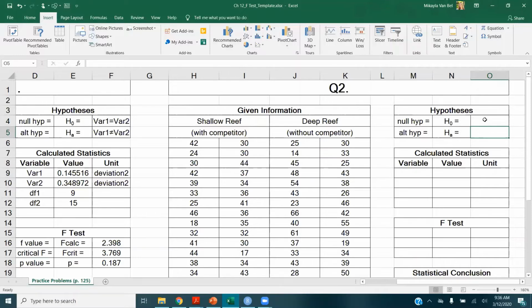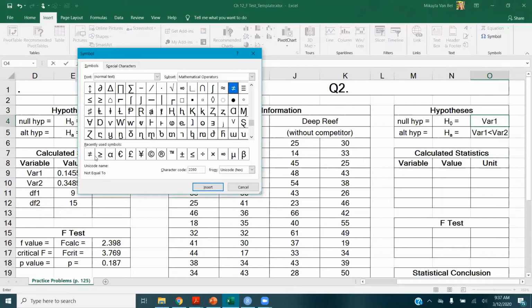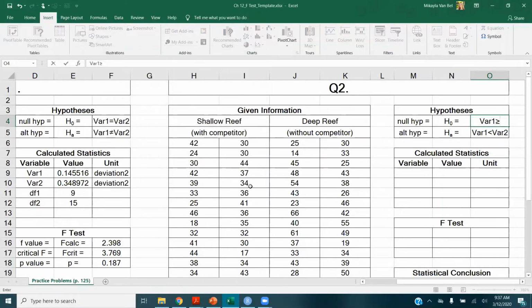So for our alternative hypothesis, we'll say var1 is less than var2 for a left-tailed test. For the null, we want to write the complementary hypothesis to the alternative, so we will use greater than or equal to. Remember, the equal sign always goes in the null. So var1 is greater than or equal to var2.